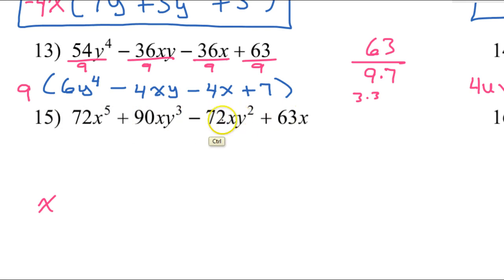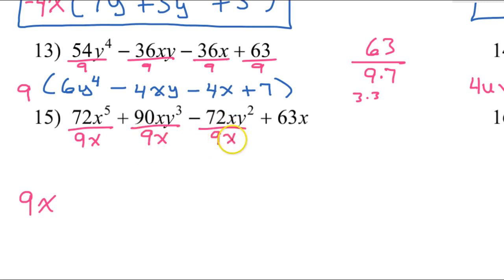Yes, it does. 9 goes into 72 and 90, and there's another 72. So 9 is going to be the greatest common factor of the numbers. So let's go ahead and divide everything by 9x. All right, divide everything by your GCF.